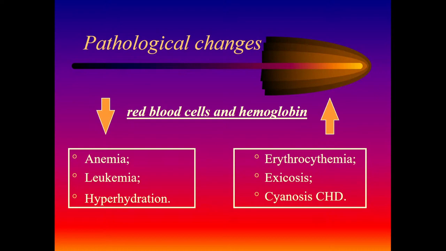And if red blood cells and hemoglobin increase, the situation is called erythrocytosis, as in cyanotic heart and chronic heart diseases.